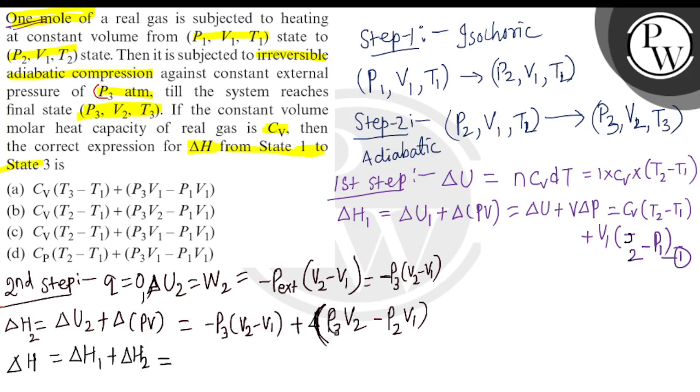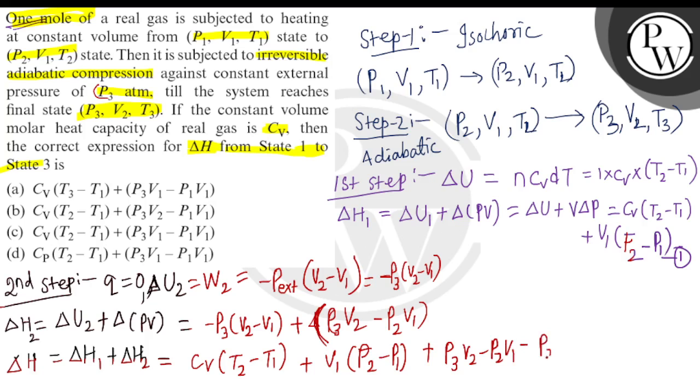So this will be delta H, and delta H1 is equal to Cv into T2 minus T1 plus V1 into P2 minus P1, plus we can add P3 V2 minus P2 V1 minus P3 V2 plus P3 V1.